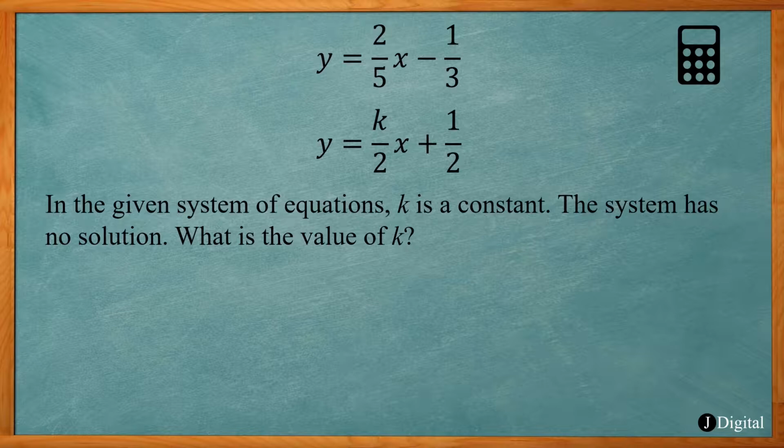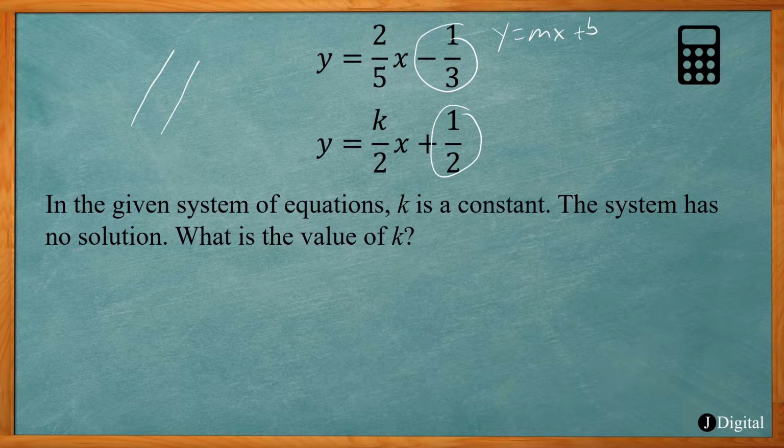This problem says in a given system of equations, k is a constant. The system has no solution. What is the value of k? Again, no solution means they're parallel with different y-intercepts. These are already in the y equals mx plus b form, so look at their intercepts, negative 1/3 and positive 1/2. They have different y-intercepts, so we need to make the slopes the same. I need the slope of the second equation to be equal to 2/5, so I can just say k over 2 needs to equal 2/5.